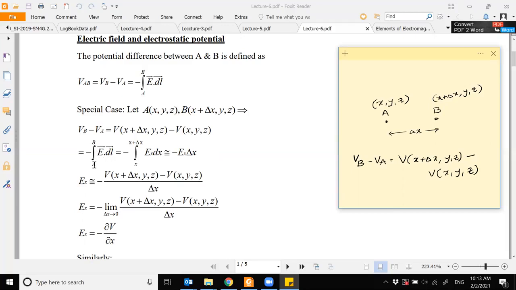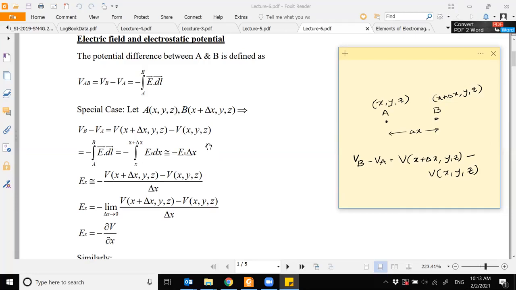The only variation is with respect to x, because the points are an elemental distance away from each other in the x direction, assumed for simplification.